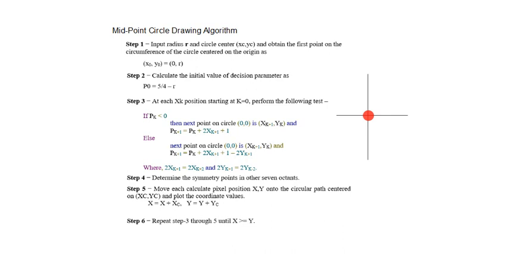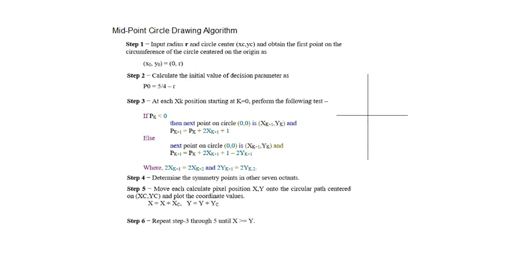If you want to draw the circle somewhere else, you can, but you will have to draw the circle on the origin first, and then shift that circle to the other position wherever it is required.